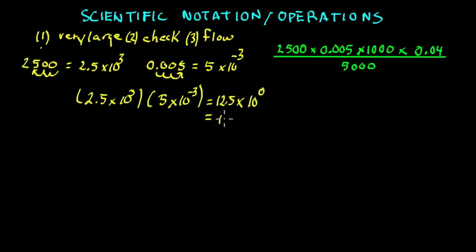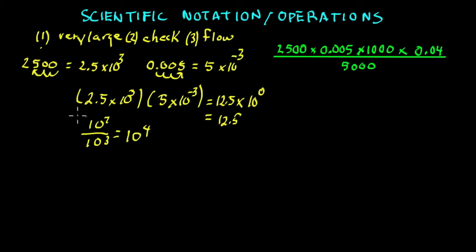So this answer is simply 12.5. When we divide, and we'll just throw a number in here very quickly, 10 to the 7, and we're dividing by 10 to the 3. We proceed as in subtraction. 7 minus 3 would be 10 to the 4th.